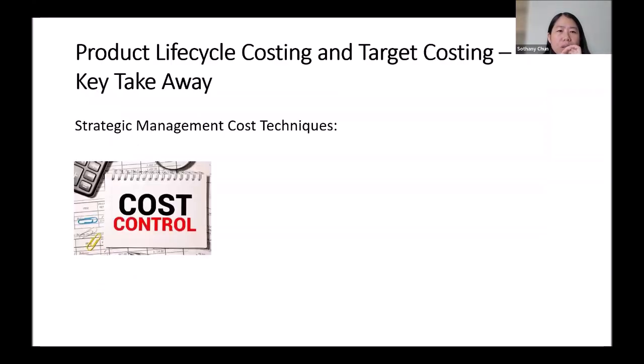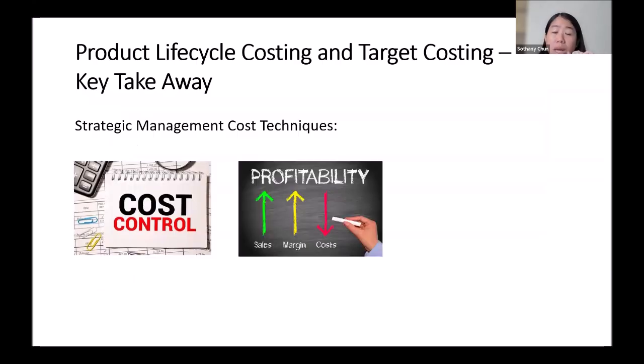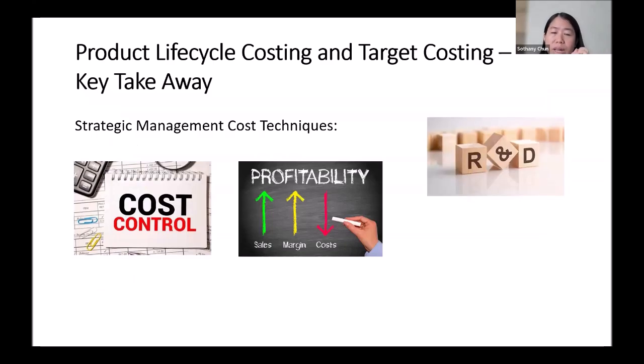Okay, so the key takeaway for the strategic cost management techniques, which are product lifecycle costing and target costing: it helps with cost control and it increases profitability, and this cost control and increase in profitability happen at different stages. For example, with target costing, the control or the profitability happens at the R&D stage, because you do the calculation of the cost and you see that it doesn't meet your required target cost.